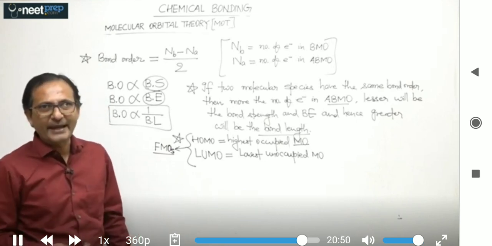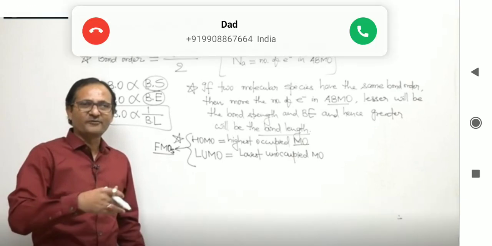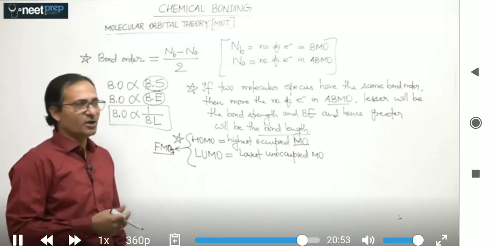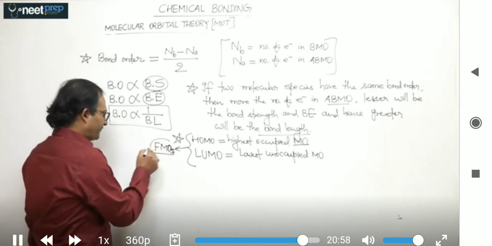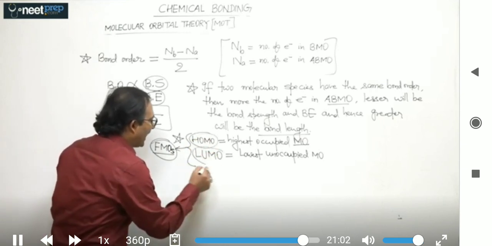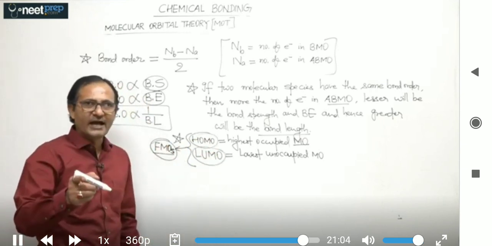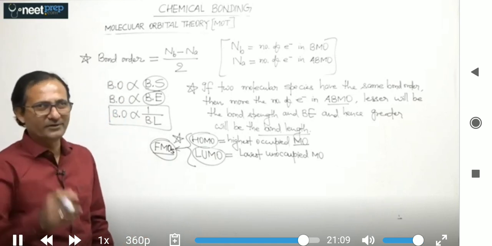In the same way, in the case of molecules, you will write the structure by Mott, and here the frontier molecular orbitals, that is HOMO and LUMO, will decide most of the properties of the molecules.